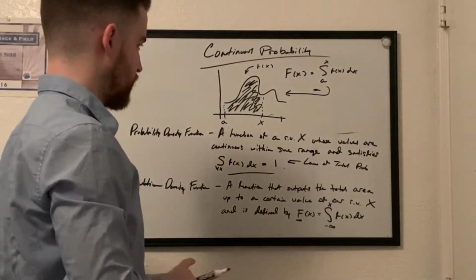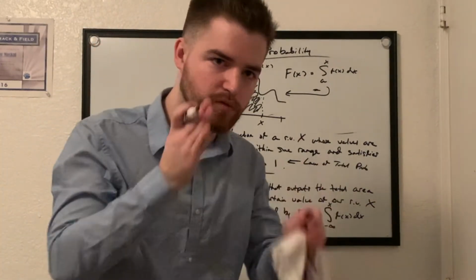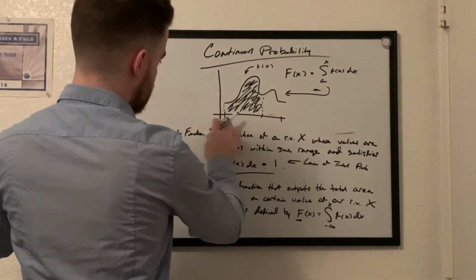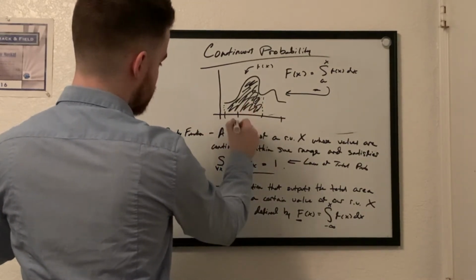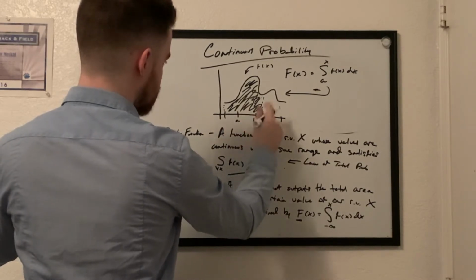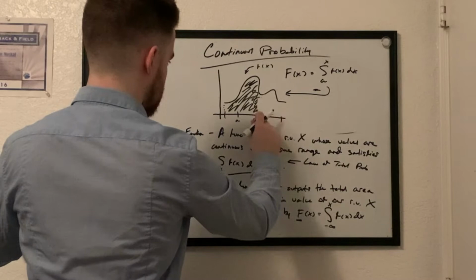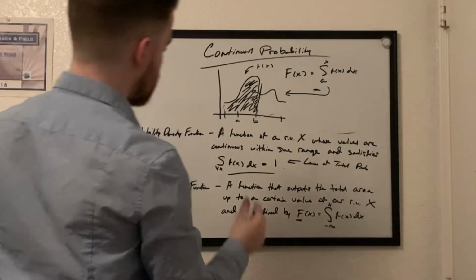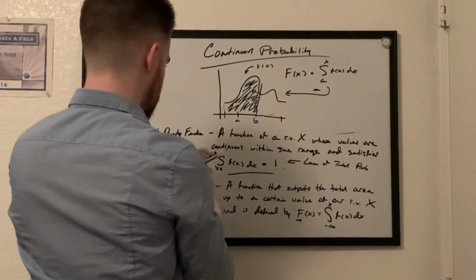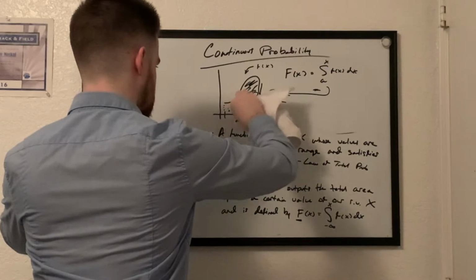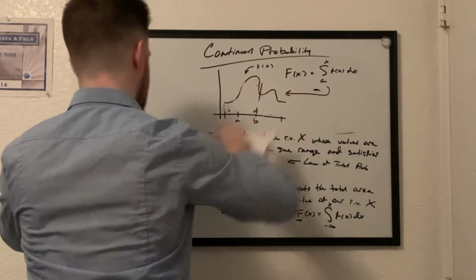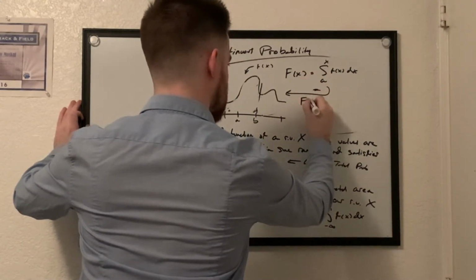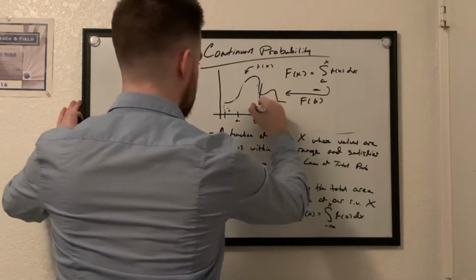But what if we wanted to know the probability we were within 2 points? What if I want to know the probability that I was between here, we'll call it A, and then here we'll call it B. Well, if I wanted to get the probability between these 2 points, f of b would be equal to all of this.